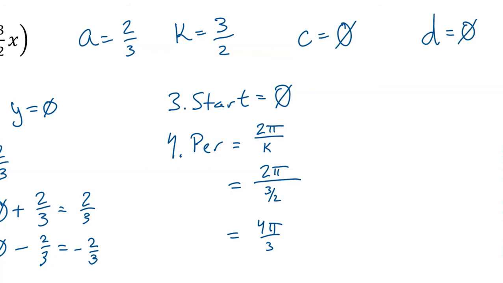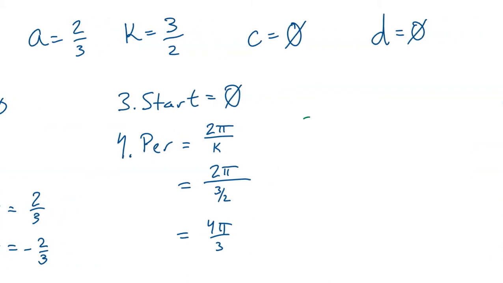If that looks like magic still to you, calculator, or you do it the long way, which is 2 pi over 1 divided by 3 over 2, which is 2 pi over 1 times 2 over 3.